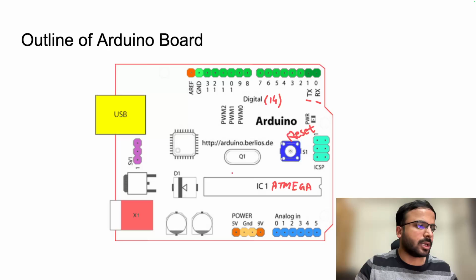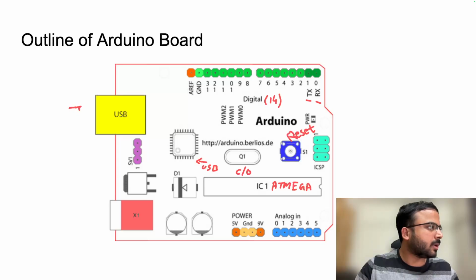Then you have your crystal oscillator, which we discussed. Then you have your USB chip, just what we discussed last, right? And then this is your USB port.